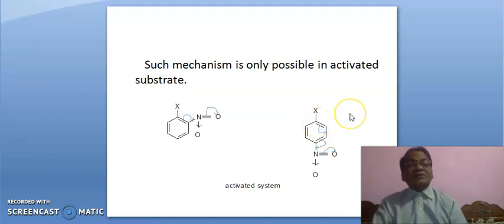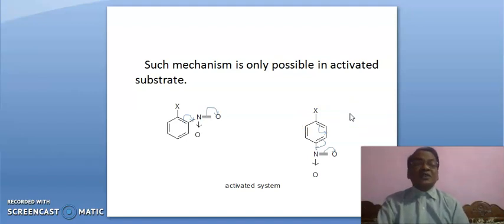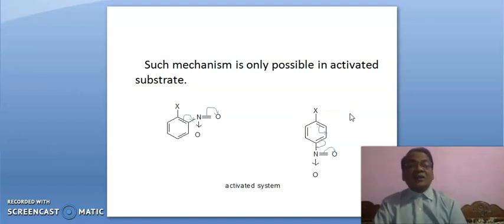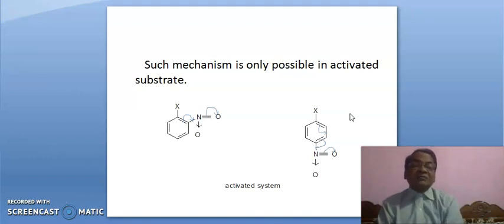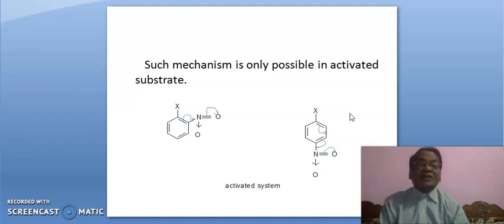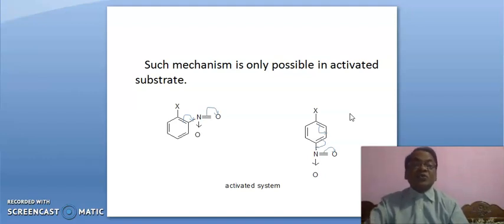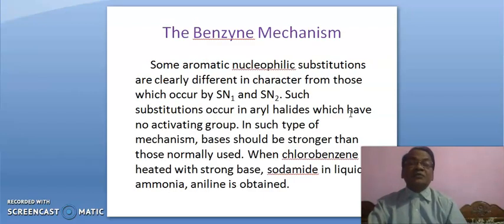So friends, in both the substrates, either nitro group at ortho or at para, the substrate molecule will be activated, and in this situation, in this activated substrate molecule, the SN2 mechanism is followed.